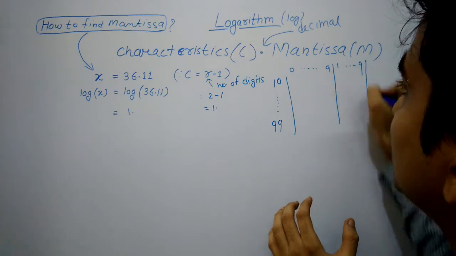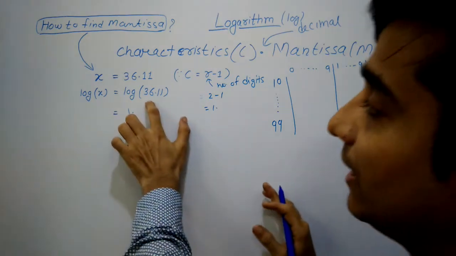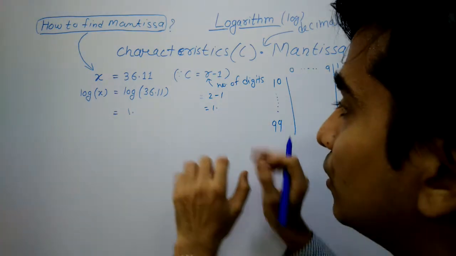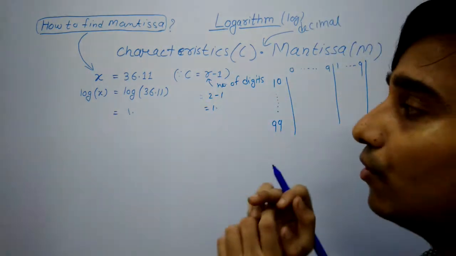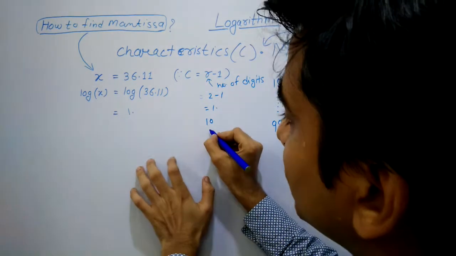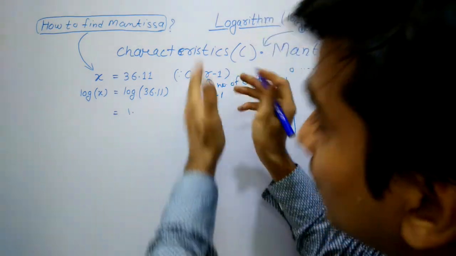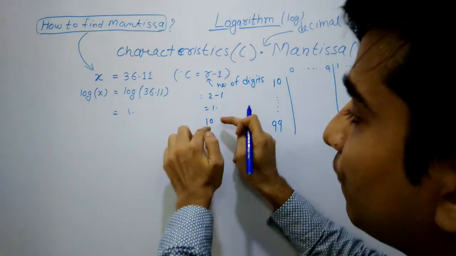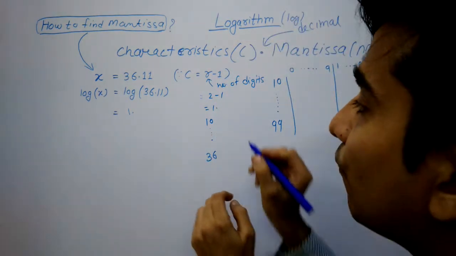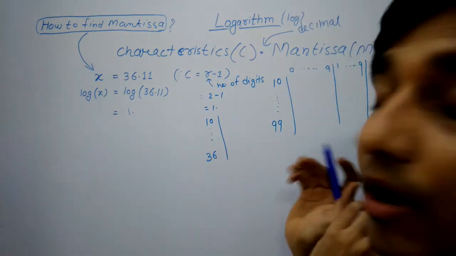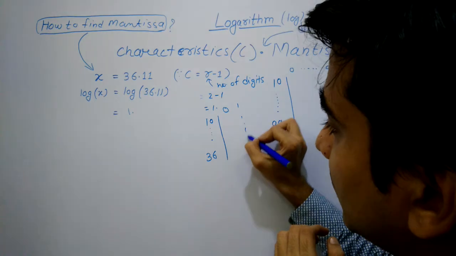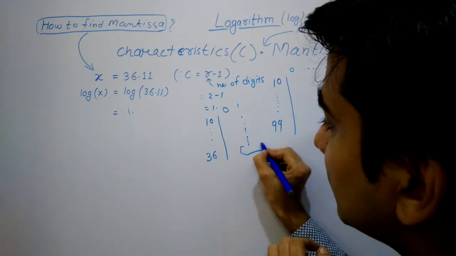So how do you go through the log to find the number? Forget about the 10, go down the first column and reach directly to 36. After that, check in the second group of columns: leave 0 and come to 1, and directly check which number is there.